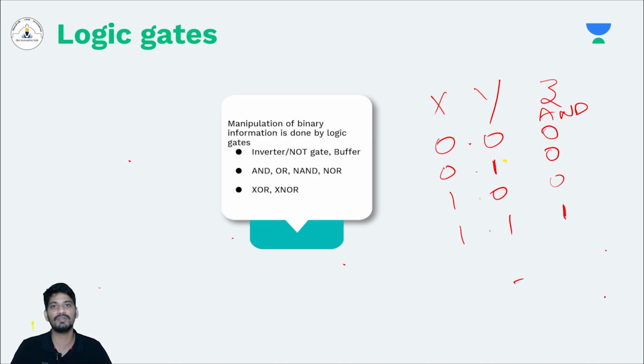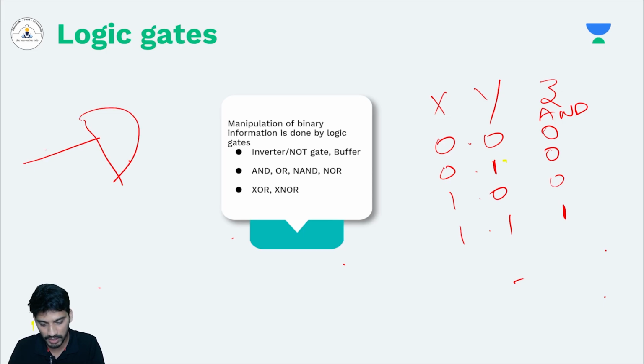So what is the purpose of this AND gate? Let's say you have a signal and you want to suppress that signal. How to do that? This is the input signal and you want to suppress it to 0. So connect this signal with a ground or a 0 signal. Now see what will happen.